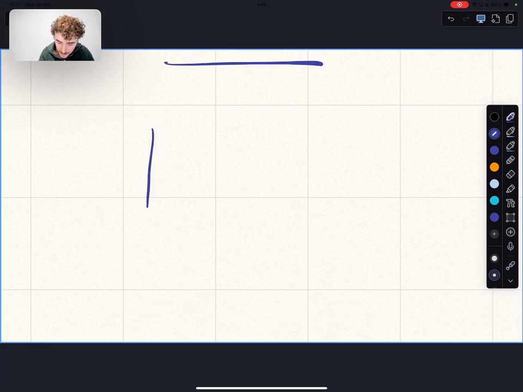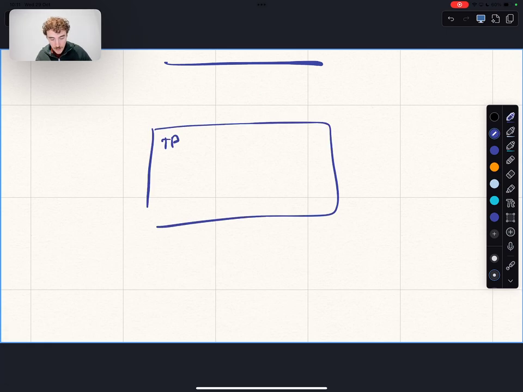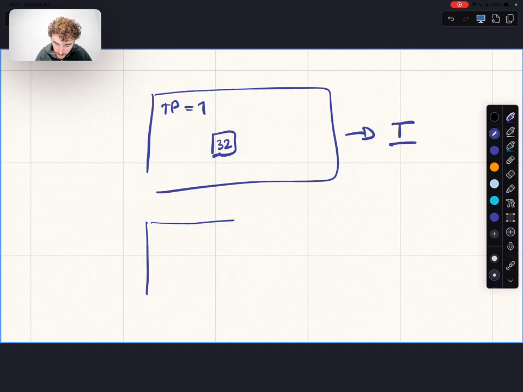So if I have a tensor parallel setup, or rather a one GPU setup, so tensor parallel is 1, and I'm running with a single batch of 32, which maxes out my memory, and this achieves a throughput of some value T. And then I go to a tensor parallel 2 setup.